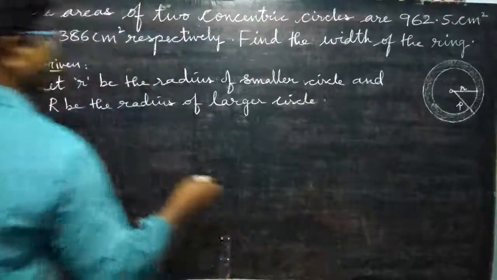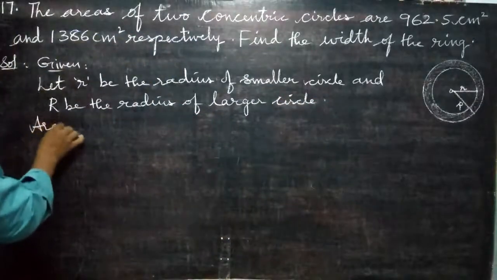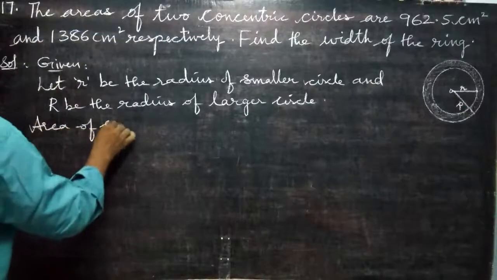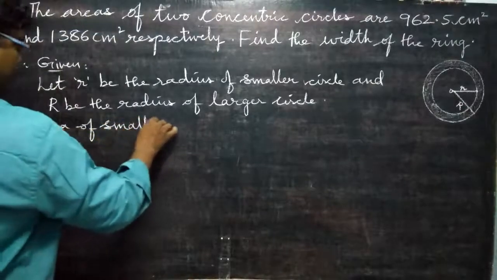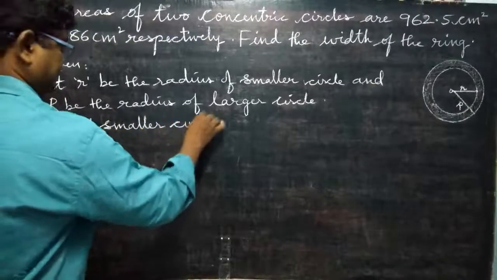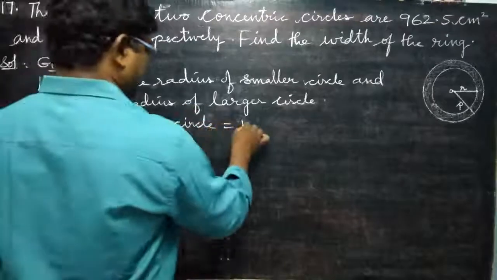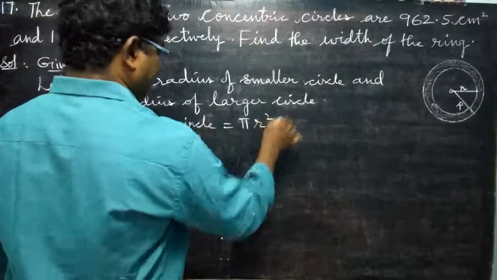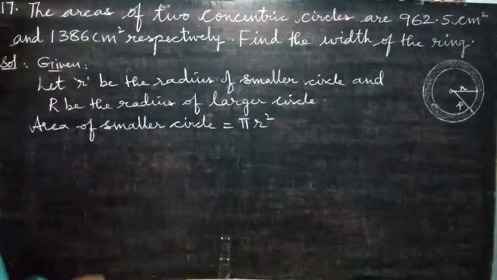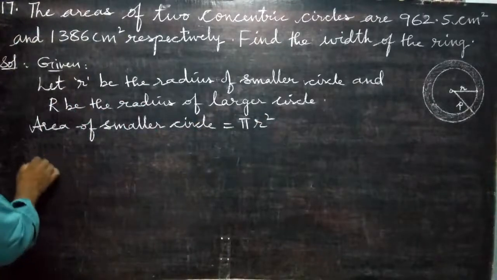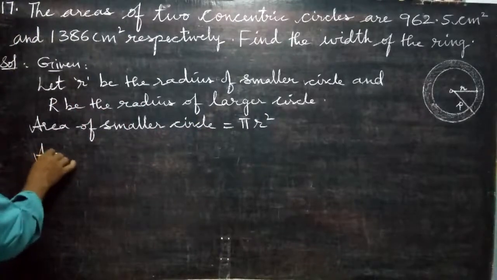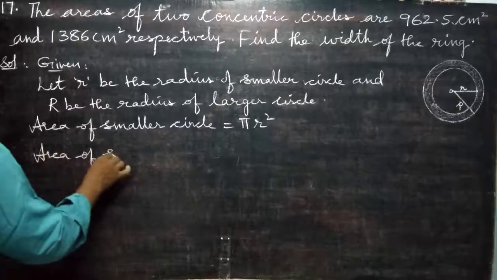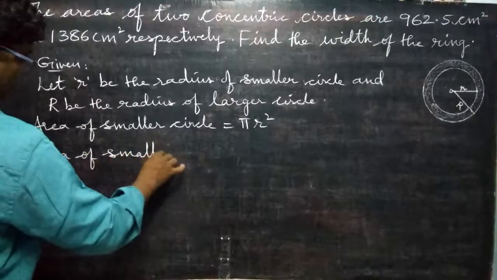Now we will find the area. Area of the smaller circle is pi r square, pi small r square, and again the area of the smaller circle.